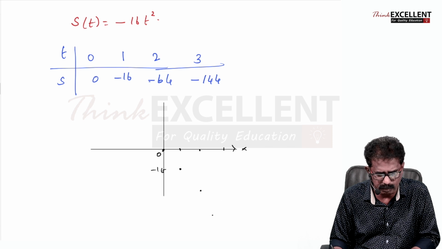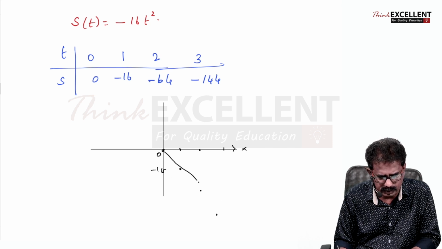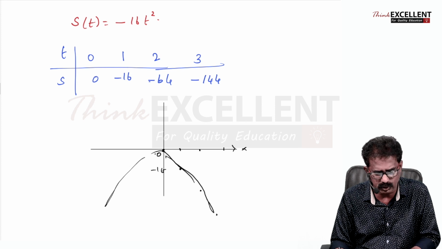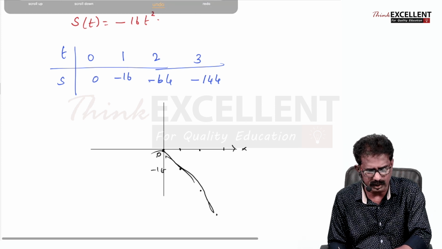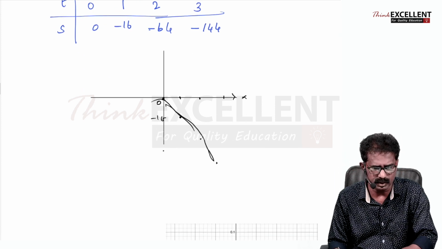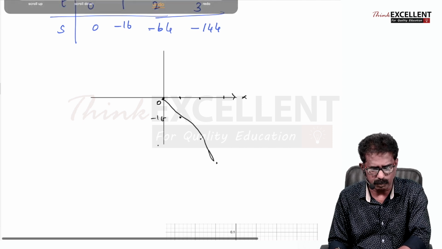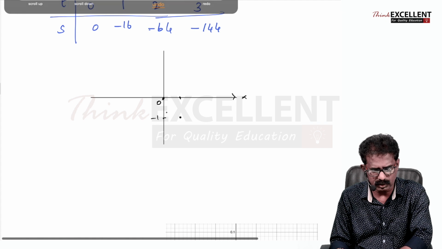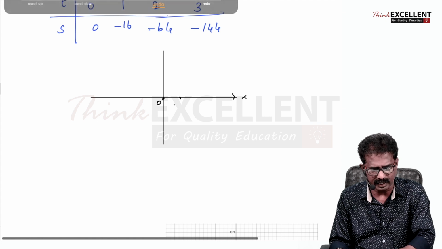When it is 3, -144. So you will get a curve like this, a parabola on one side. Actually, the other side should be like this, but since there are no negative values, you are not getting that part. So you draw like this. Plot the points roughly, and it should be a parabola. So you can draw a rough diagram.